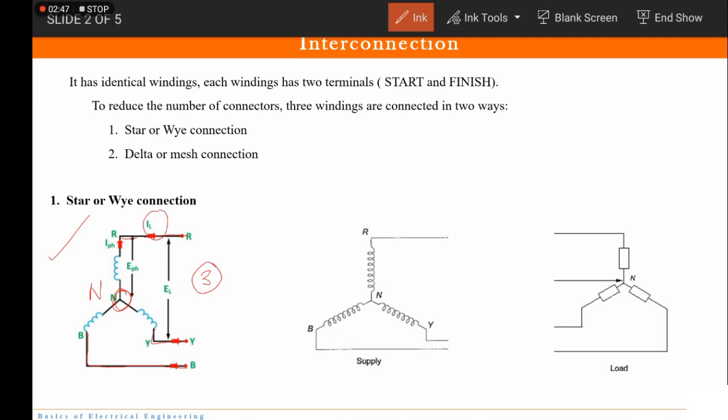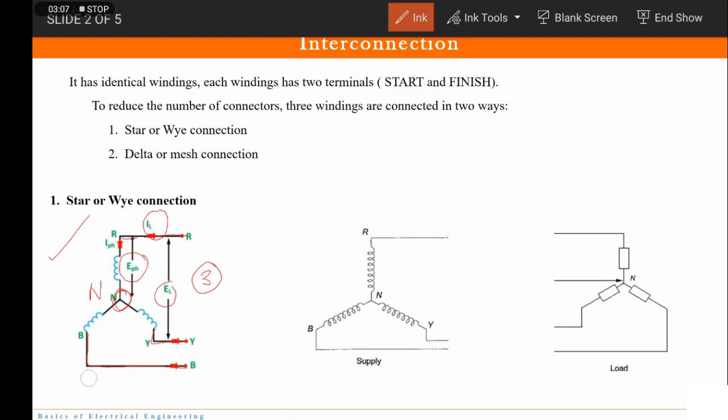Now if you talk about phase voltage or line voltage, phase voltage is the voltage across each phase. So this is the phase voltage. And what is line voltage? The line voltage will be the voltage between two lines or between two phases. Correct?